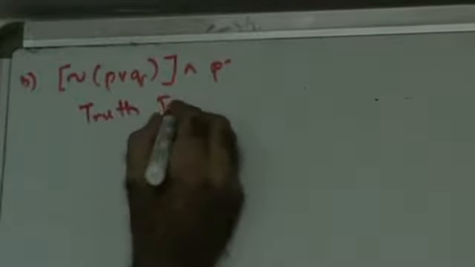Suppose they tell you not of (P or Q) and P, and you have to find out what the statement pattern is. Let's make a truth table for this. Truth table: P, Q. First of all, let's find P or Q, the bracket.